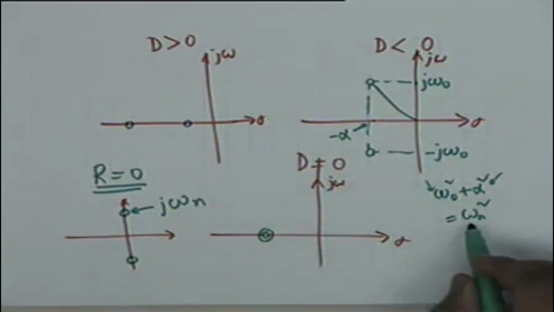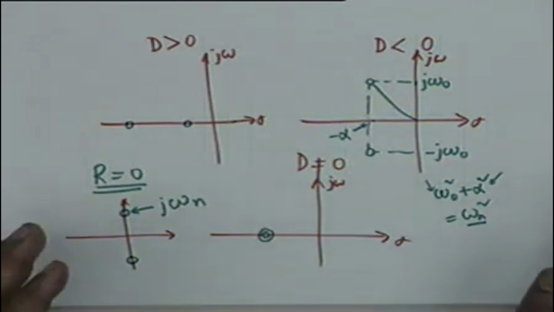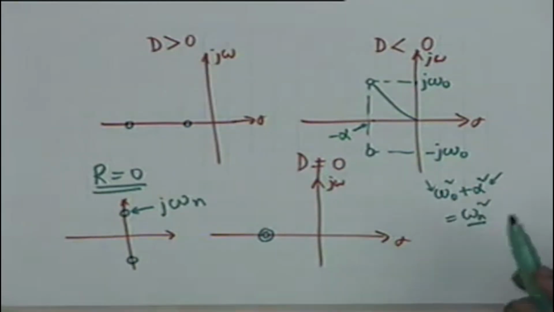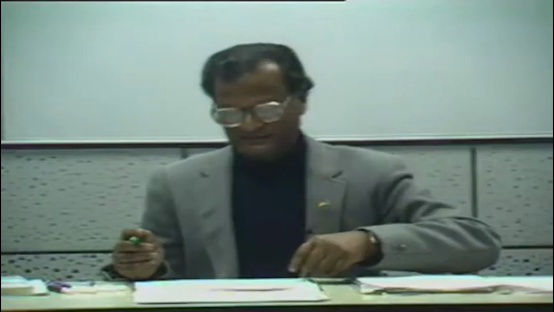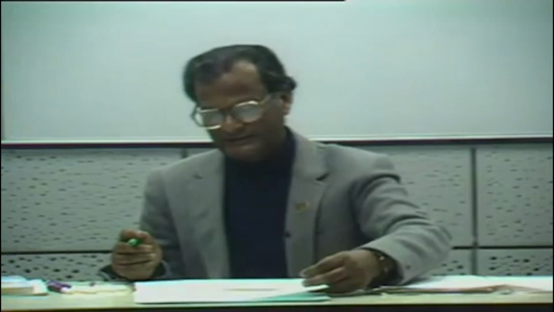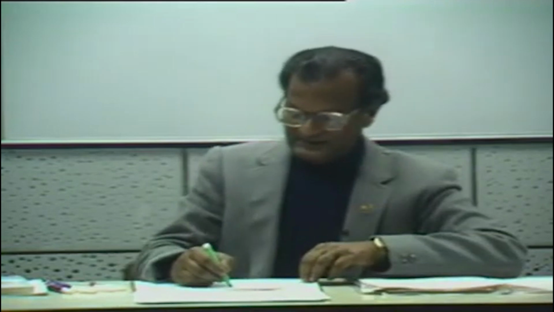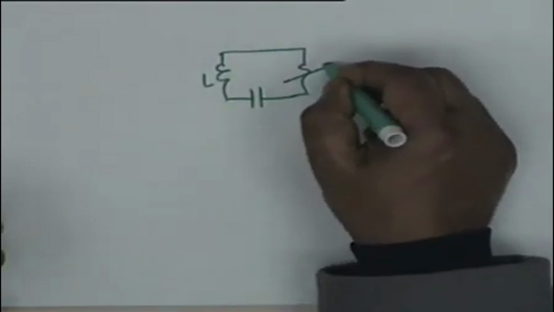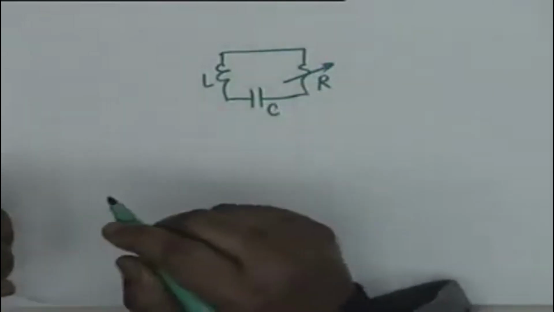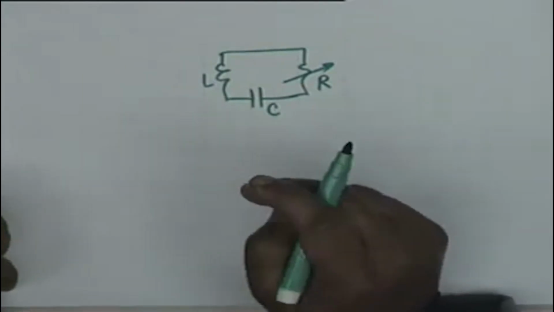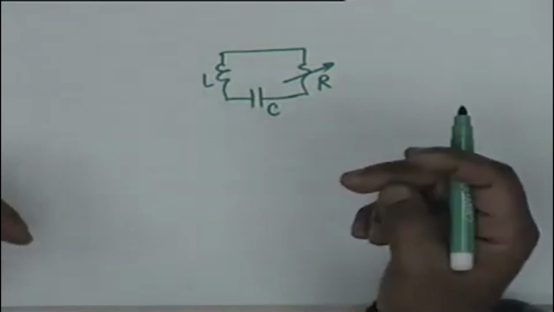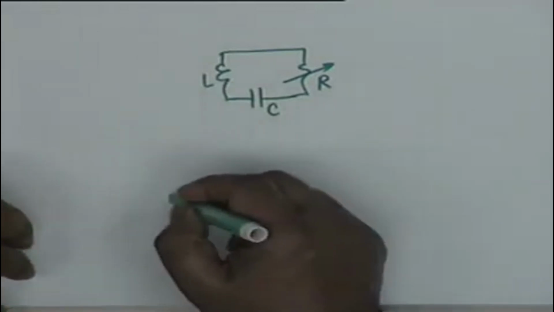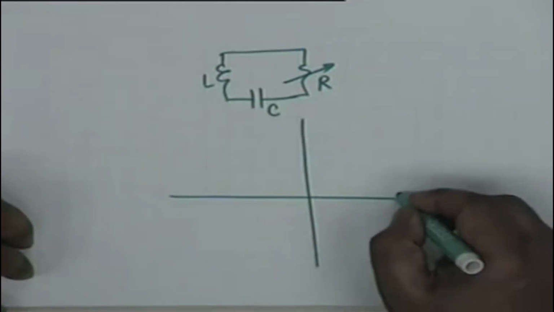What I have said is omega n is independent of R, alpha as well as omega 0 depend on R, and therefore if I take a second order circuit, C, L and R, and if I adjust R, how do the roots change? Alright, this is what I want to find out.